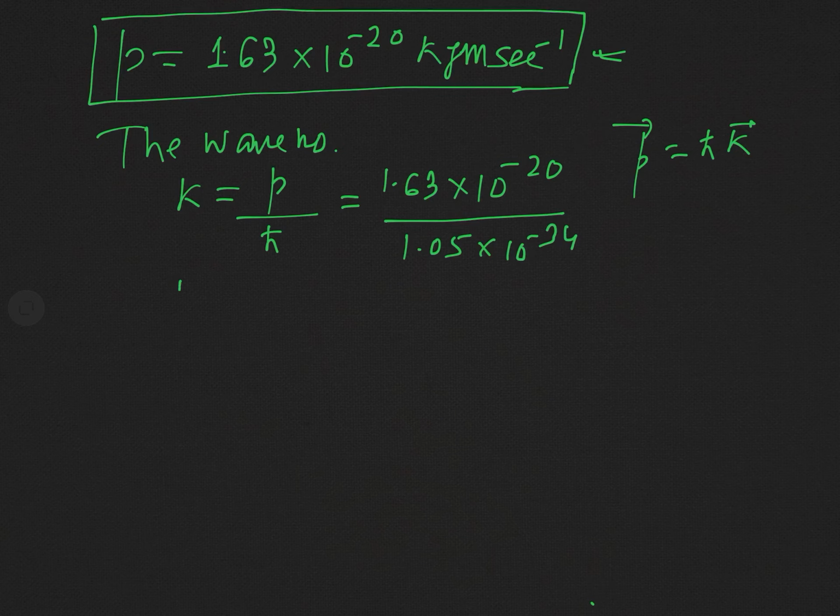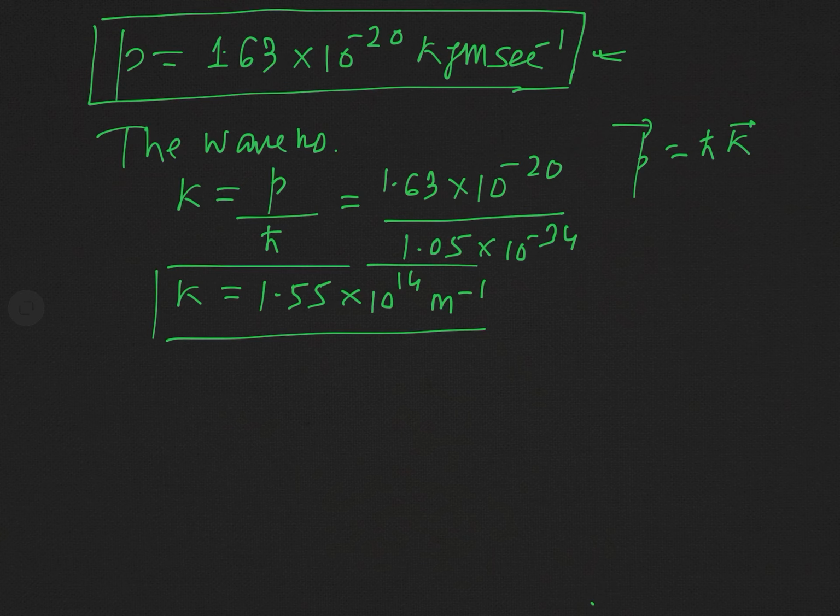Here all values have been written in SI units. When we simplify these numbers, we get that k is equal to 1.55 into 10 to the power 14 meter inverse.